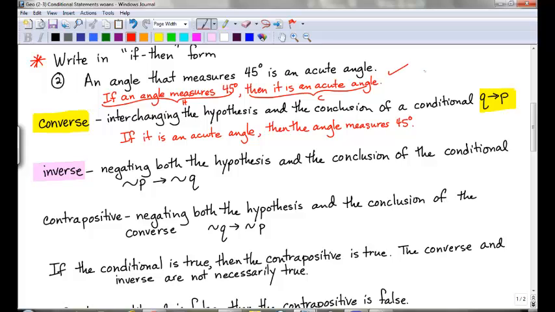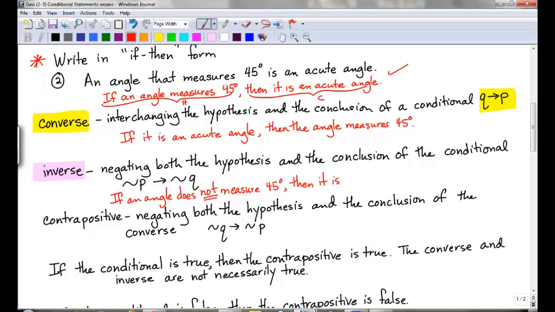Okay, so on the inverse, you're going to just say if an angle does not measure 45 degrees, no, yeah, that's right. If an angle does not measure 45 degrees, then you got to negate them both.